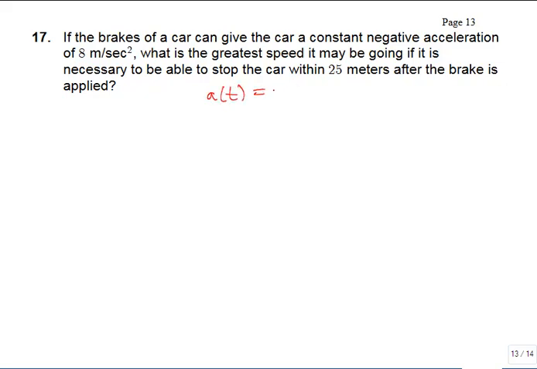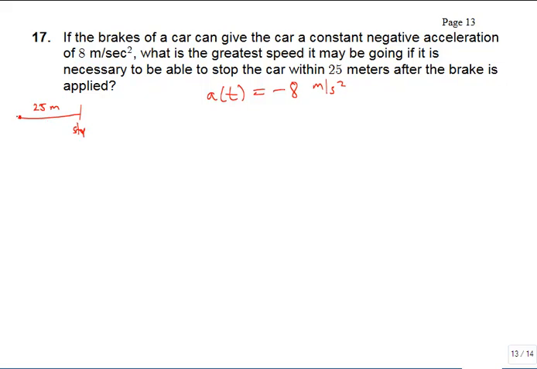Our acceleration function is a negative 8 meters per second squared. We're going to integrate that once to get velocity, and then we can integrate that twice to get position. Now each time we do that, we're going to get some plus c's, so we're going to need some conditions. So what do we know? Well, we have this car that's sort of starting right here, and it's going with our negative acceleration, and we want it to be able to stop after 25 meters.